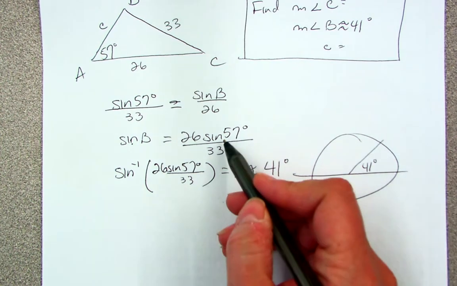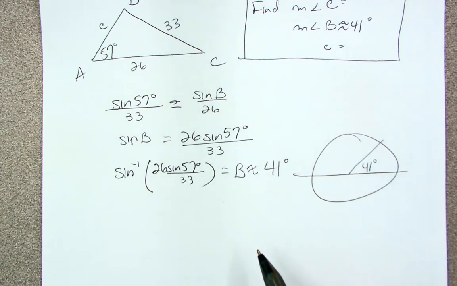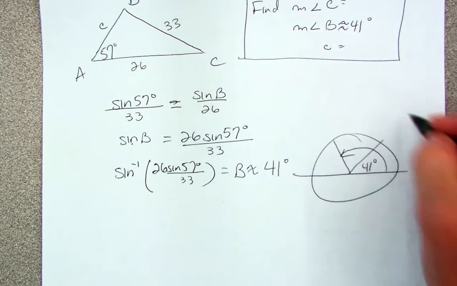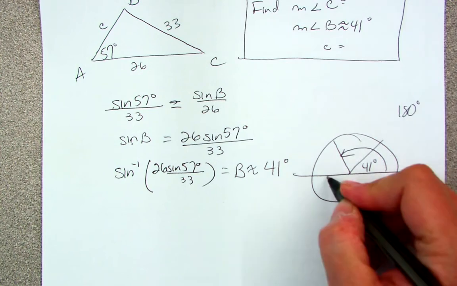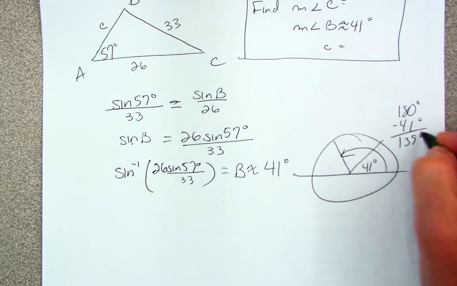And I still get positive. What other angle would give me that exact same answer? You told me it lives in which quadrant again? Okay, so what would that be? Right, let me see. 180 minus 41.